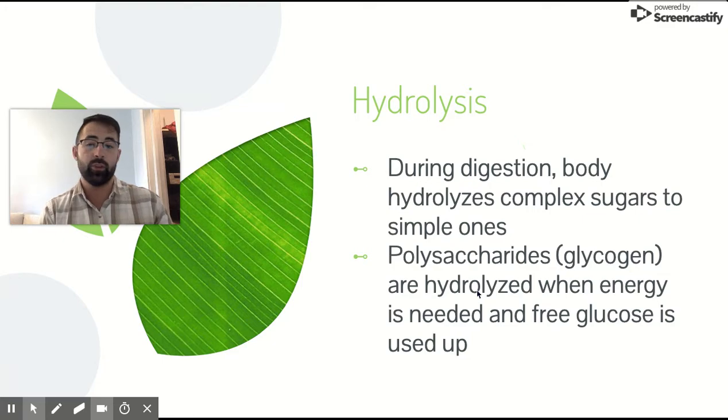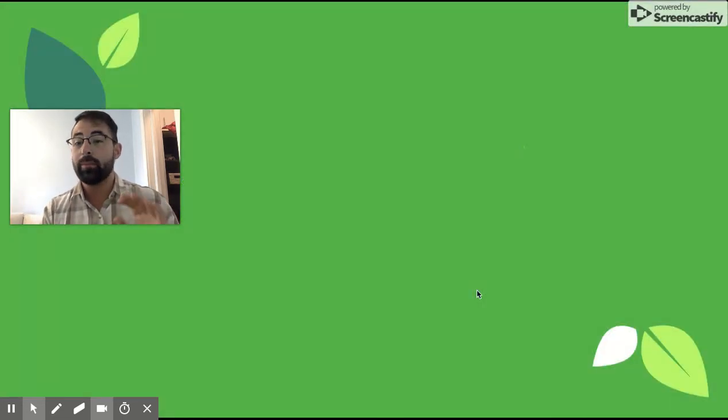Glucose is the molecule that our cells use in cellular respiration to drive all the cellular reactions. And remember we said larger molecules store energy. Polysaccharides, poly means many, saccharides, sugars, is where we store sugars for when we need them. We'll hydrolyze them to release free glucose in the bloodstream, which our body can then use to power its cellular functions. That's really about it for this lesson.